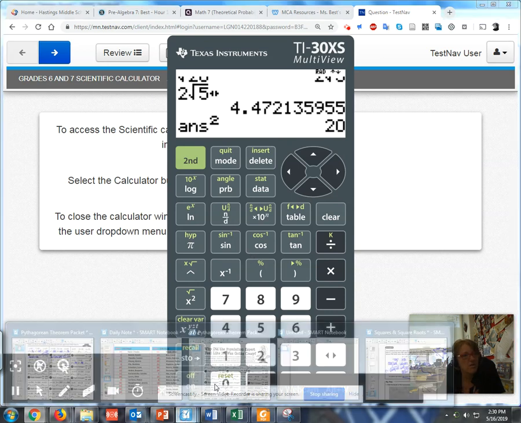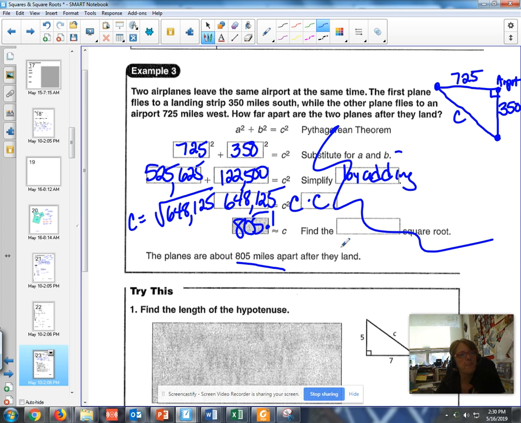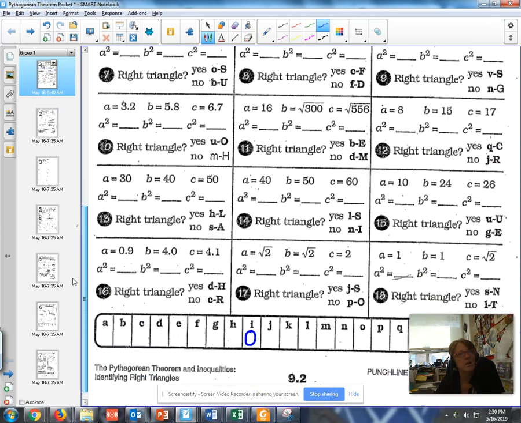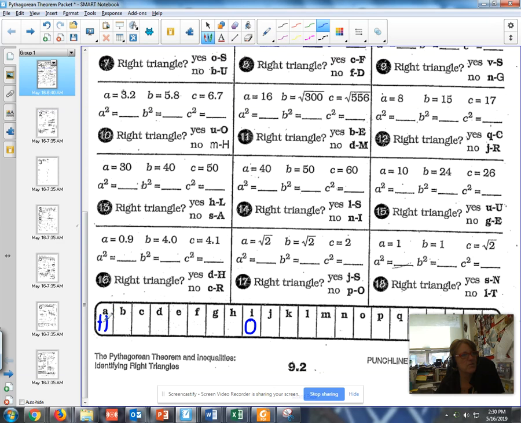So on this one where it said the square root of 97, when you square it, it ends up being just 97. Test this. 16 plus 81. What do you get? I get 97. That's a yes. Okay, come on down. Lowercase a becomes capital H.